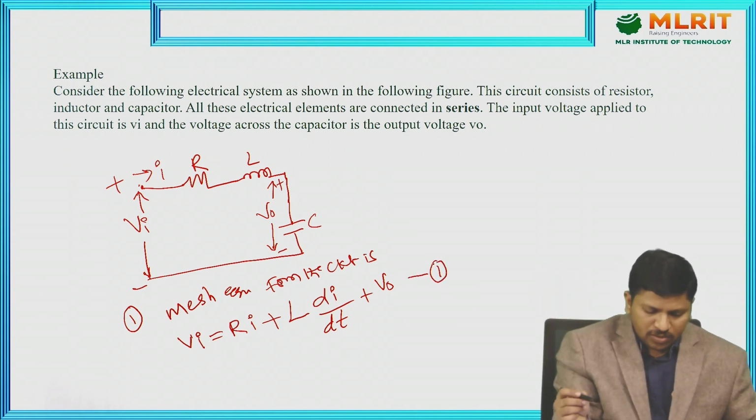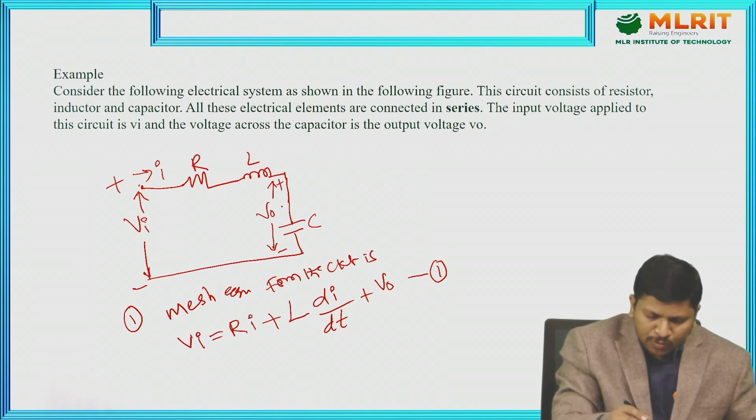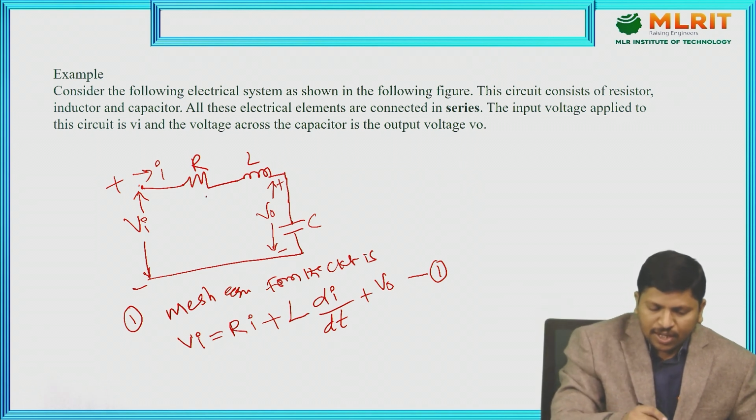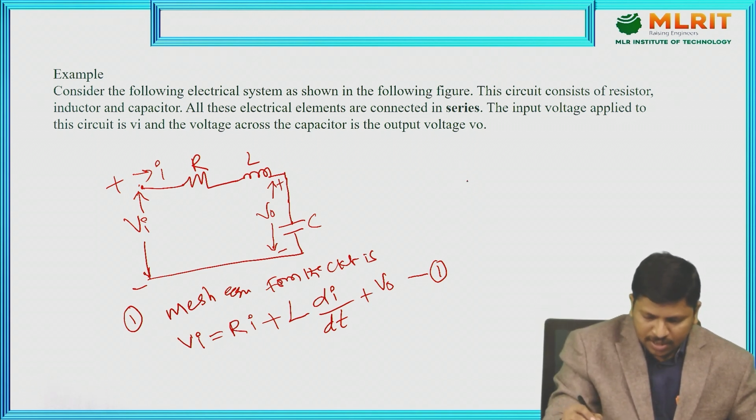And next, coming to the second equation, the output voltage across the capacitor. I consider the current passing through the capacitor. Just I am writing here i equals C into dV0 by dt.